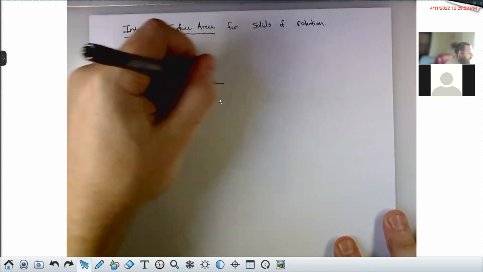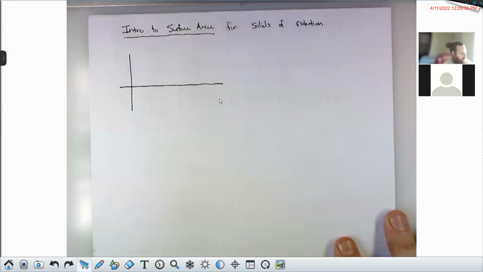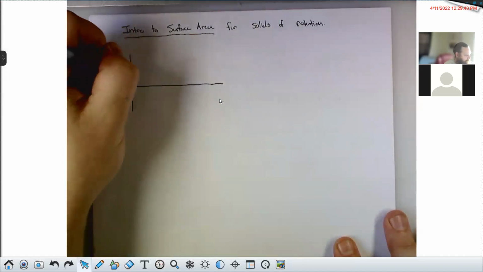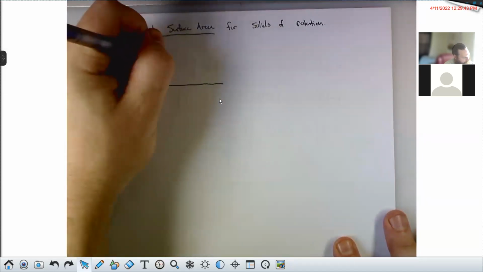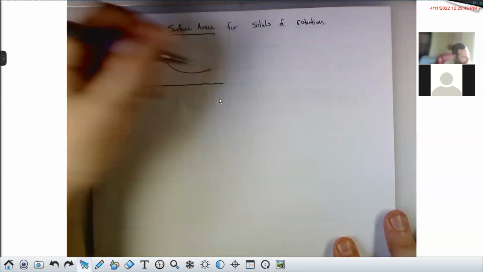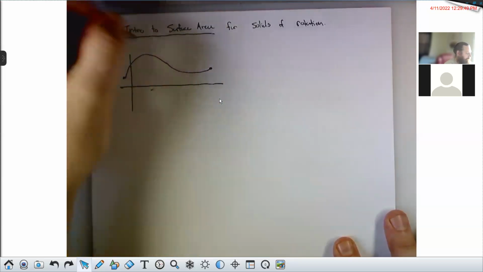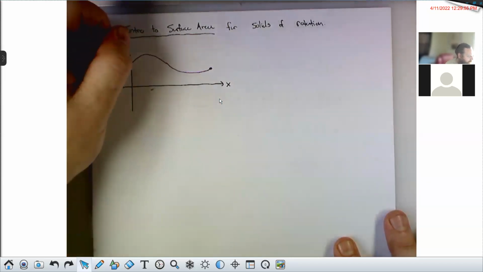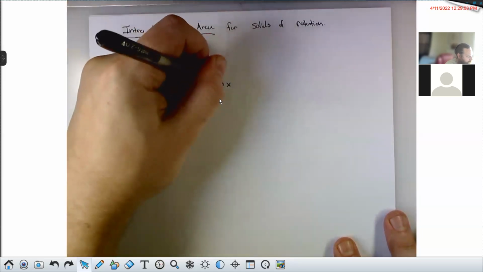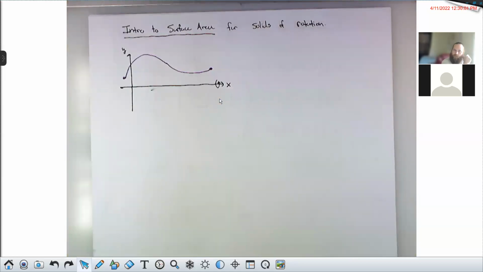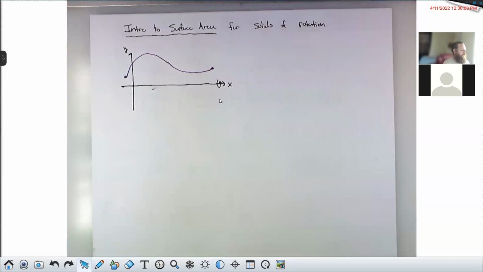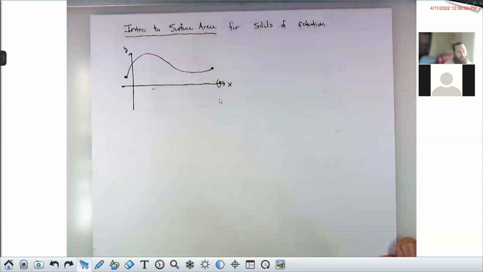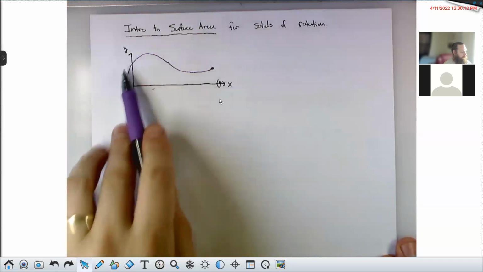What we're going to do here, we're going to take our parametric curve. And I'll draw this so that it's fairly simple, something like this. And we're going to revolve it either around the X or the Y axis. I'm going to draw this like we're going around the X axis. I'm not rotating the whole region, right? I don't care about the space under the curve. I'm just going to rotate the curve itself, which is going to produce a surface.